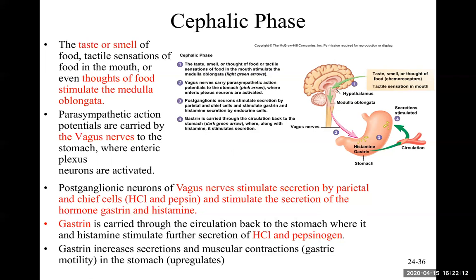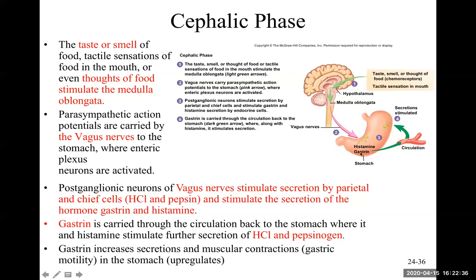The cephalic phase, cephalic for your head, is when sensations other than food entering the stomach, like taste, smell, thought of food, start to stimulate your parasympathetic nervous system, which is carried by the vagus nerve.